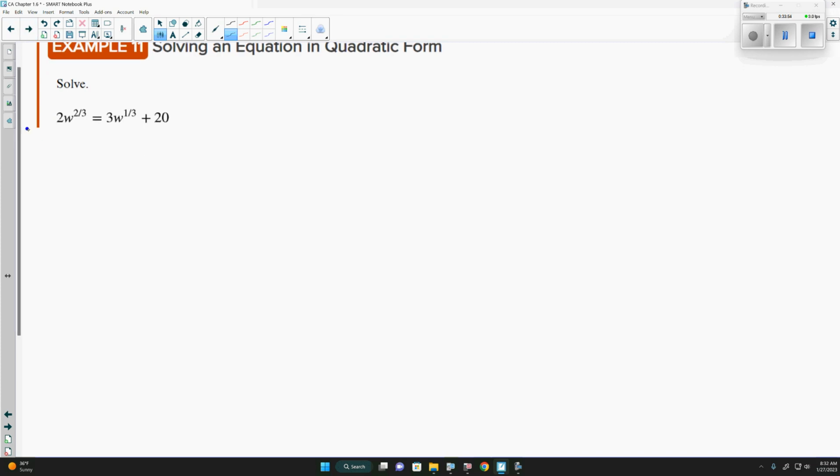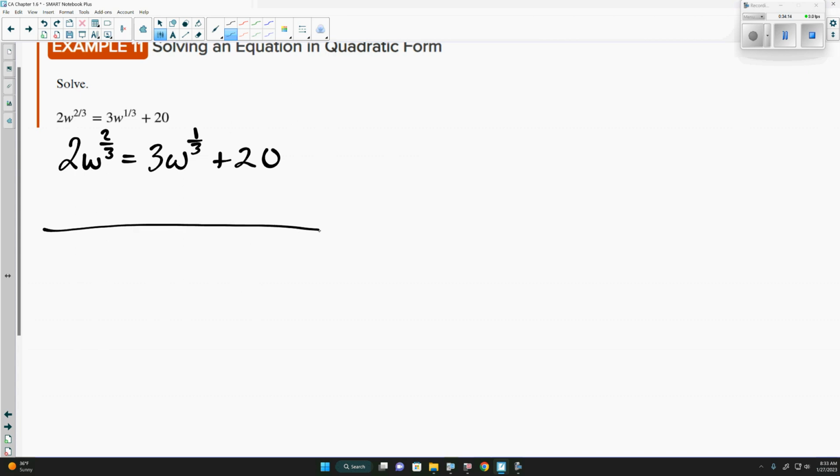I want to look at this one here, because this one here is still U substitution. We can still solve this by U substitution. However, first thing we're going to have to do is get everything on the same side of the equal sign.